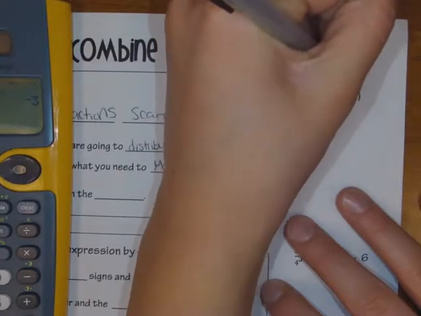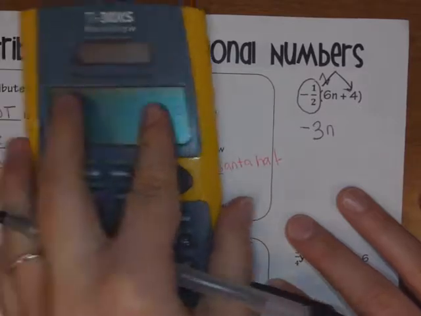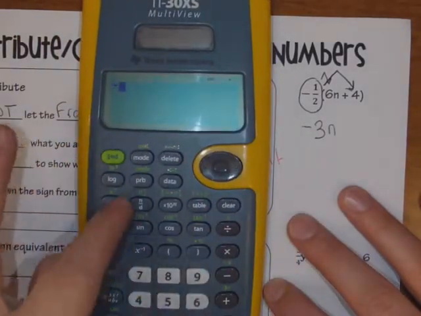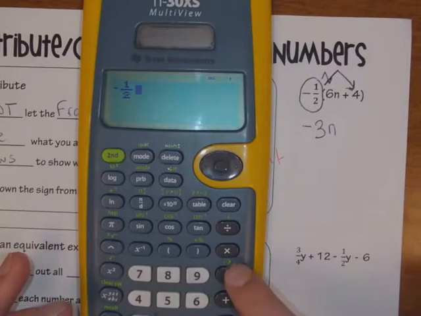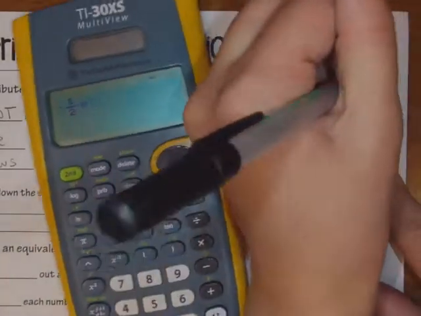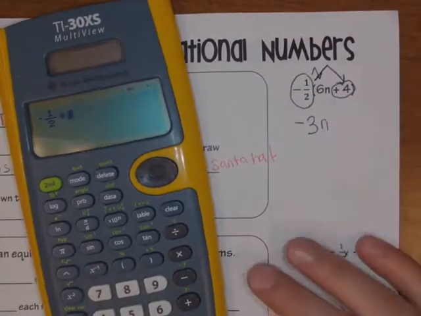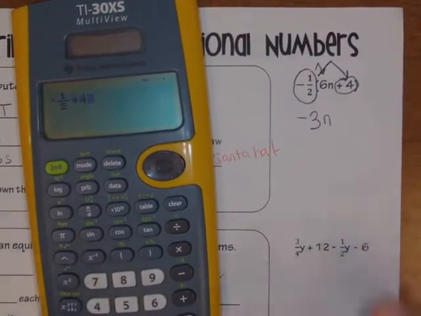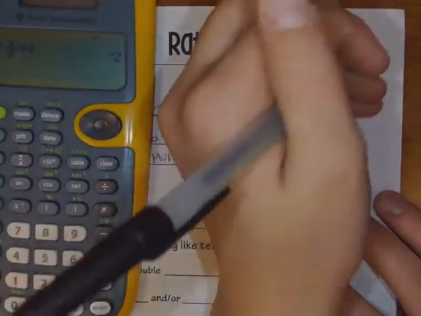Next, you're going to draw your second Santa hat. Remember, you always need 2. And you have negative 1/2 times, and then this is a positive 4, times positive 4, negative 2.